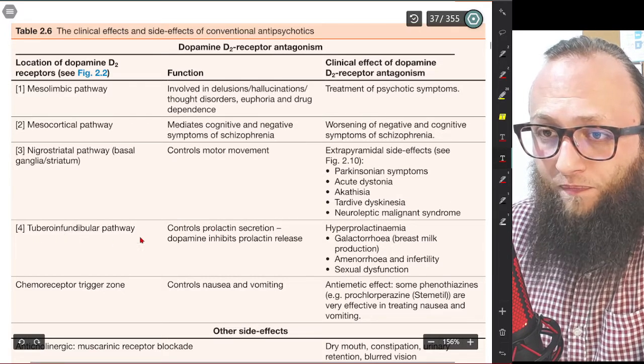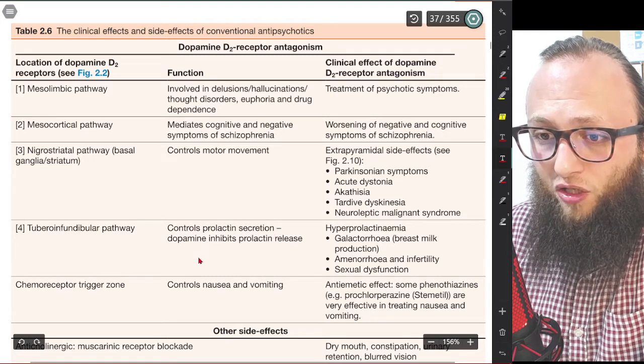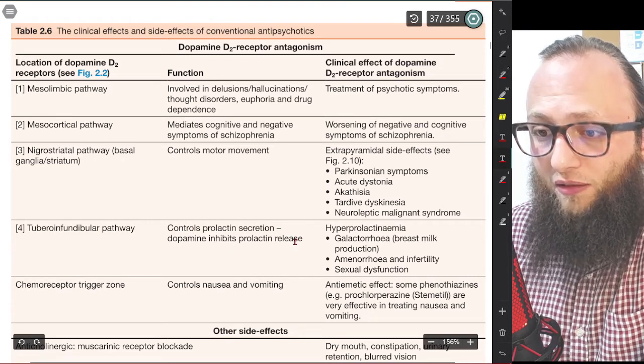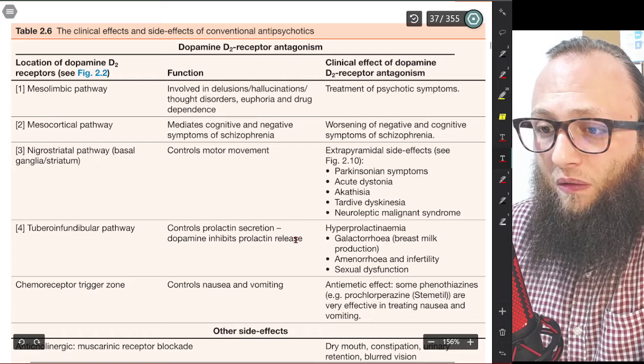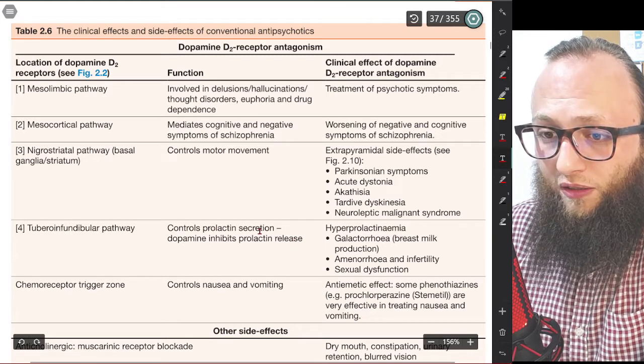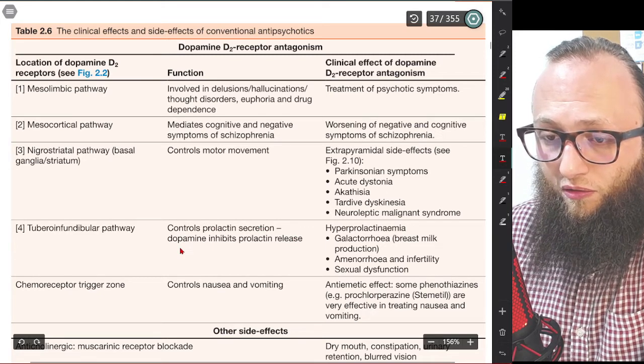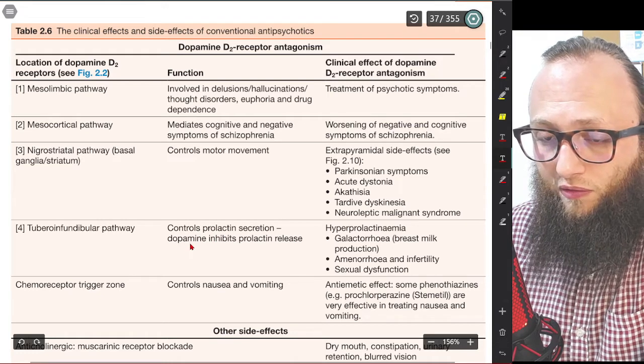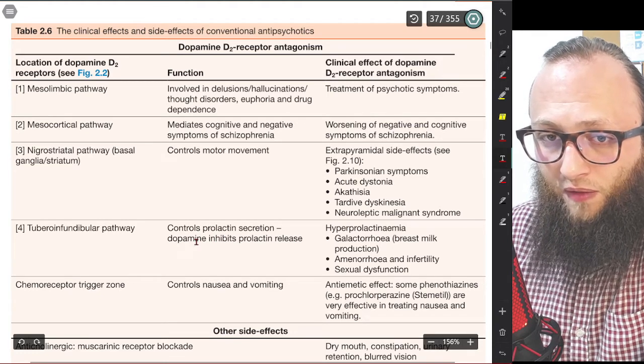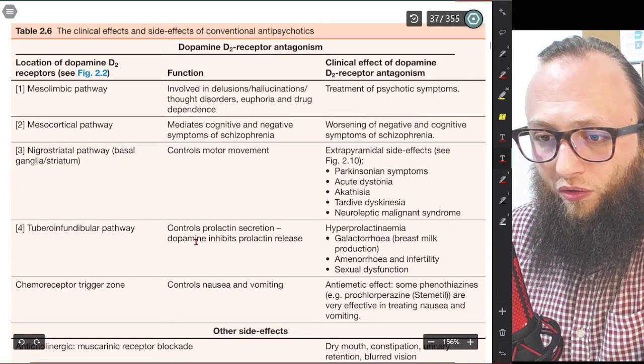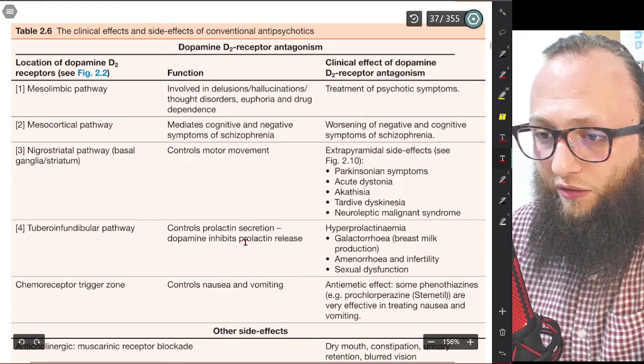Tuberoinfundibular pathway. It controls prolactin secretion; that's what dopamine does there. It inhibits prolactin release.